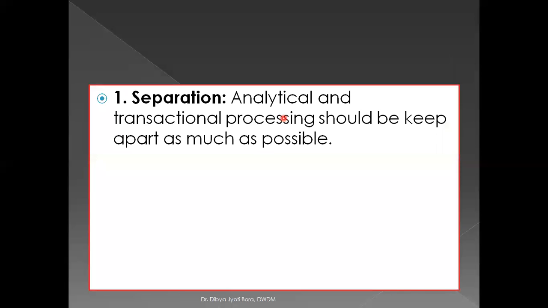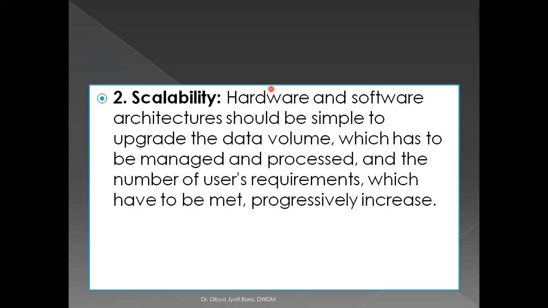So separation is for analytical and transactional processing, which should be kept apart as much as possible. तो analytical part और transaction processing part को हम separation ला रहे हैं, ठीक है? और वो कैसे लाया आप लोगों ने देख लिया, तीनों different types का जो data warehouse architecture था, तो लास्ट में और ज्यादा separation हमने लाया third type of data warehouse architecture में.